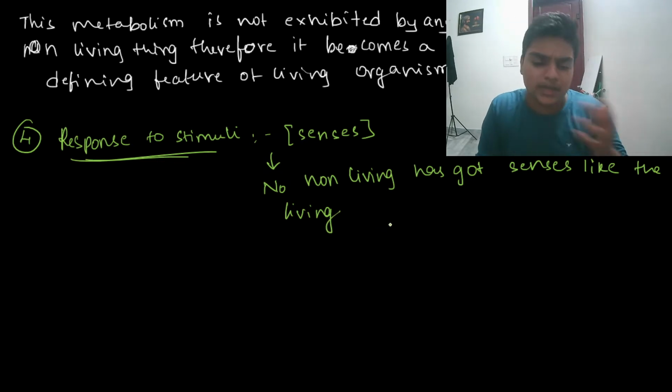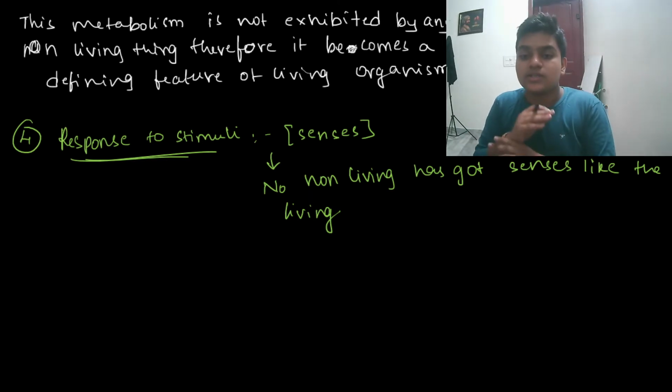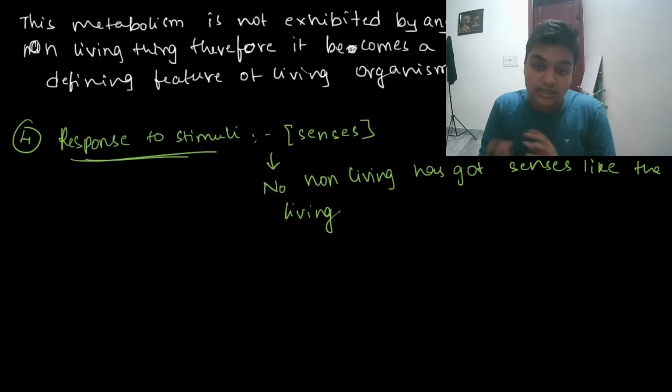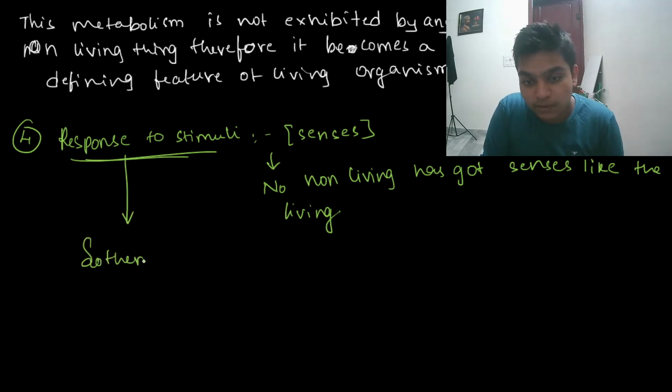These senses can be in either way. They can sense the surroundings through their skin, through their eyes, through ears, nose, etc. This consciousness, meaning sensing the stimuli, sensing the environment and reacting to it, is the defining feature of living organisms.